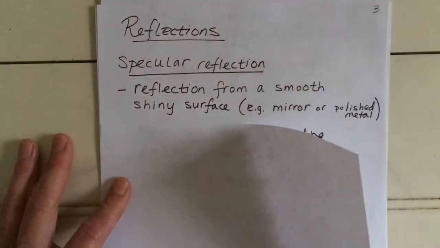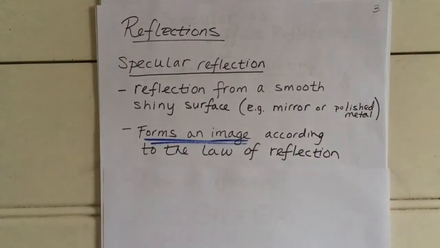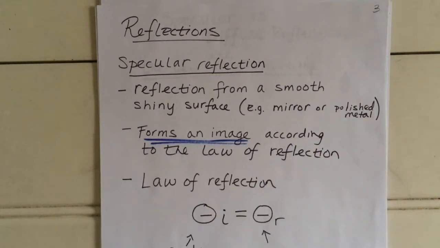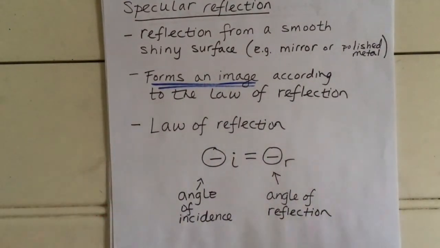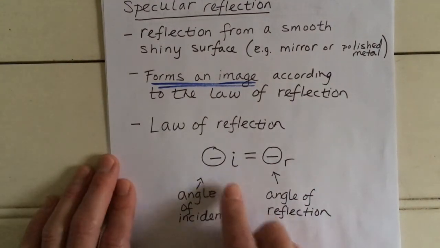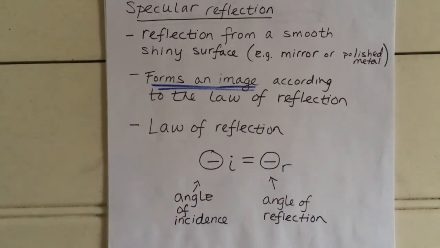This forms an image according to the law of reflection, which is pretty simple. Let's jot it down: theta I is equal to theta R, the angle of incidence is equal to the angle of reflection. And this is specular reflection.